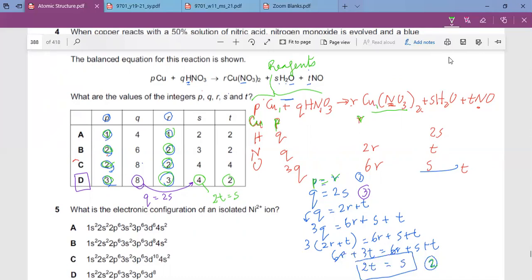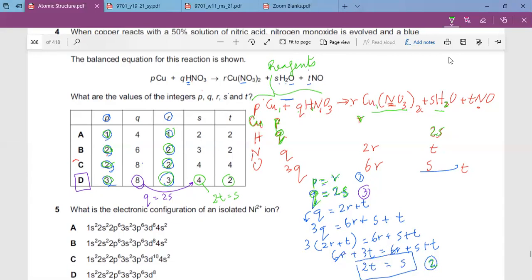Hydrogen. 1 atom here for 1 mole, so Q moles, Q. Here also only water. 1 mole of water is 2 atoms, so S moles, 2S. So Q equals 2S.